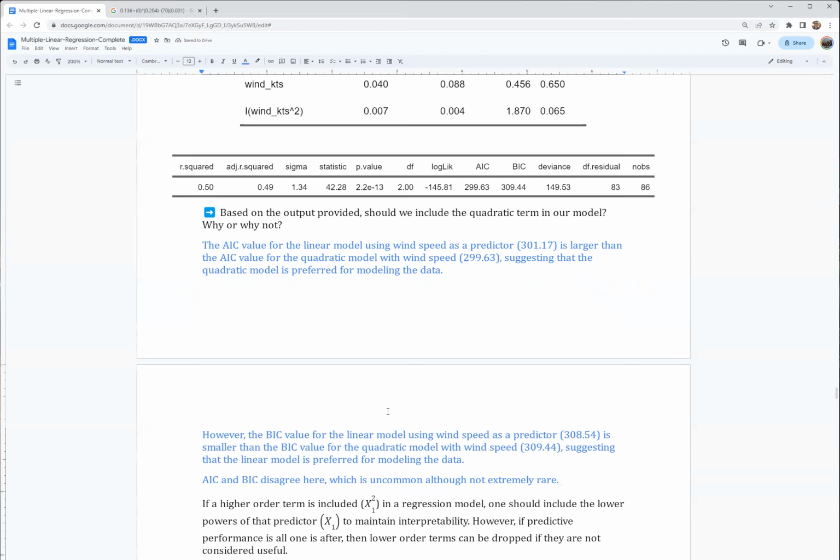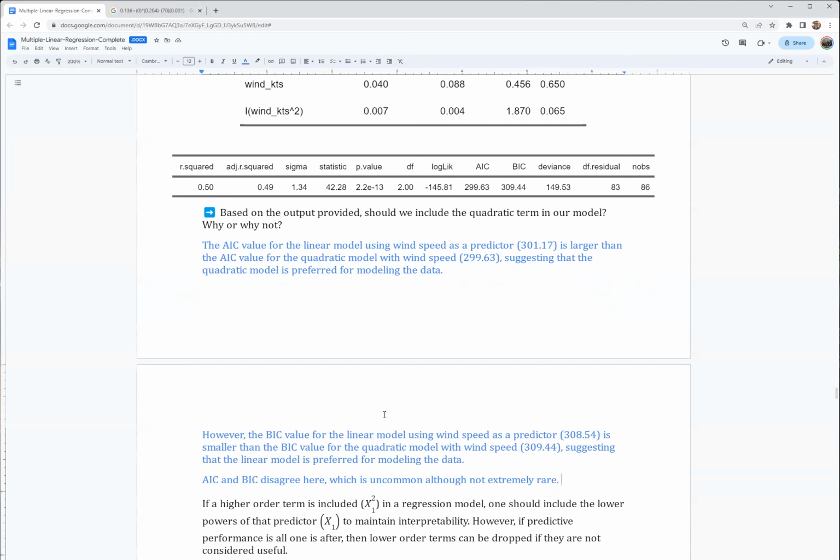So, in this case, I would say consult. Like if I was doing this as a real world study, I would consult a domain expert, someone who's very knowledgeable about the Great Lakes themselves and maybe has more experience with modeling wave heights.